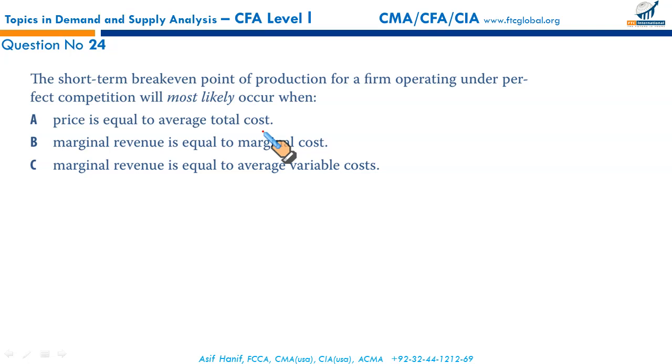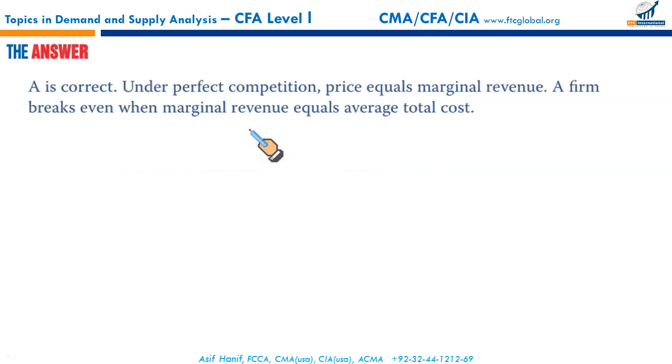Because the market is in a perfectly competitive state, every firm is a price taker. So a firm will break even where the price is equal to average total cost. Where the marginal revenue is equal to marginal cost, that is the profit maximizing level of output, right? So A is the right answer. It's a fairly straightforward question.